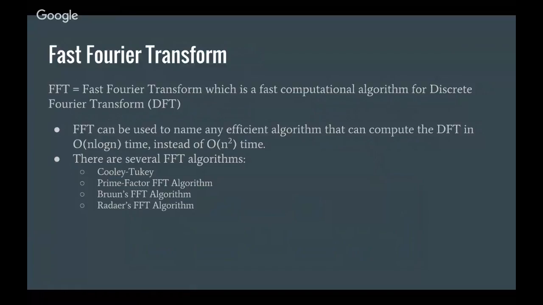FFT can be used to name any efficient algorithm that can compute DFT in big O of n log n time instead of big O of n squared time. As Hector mentioned at the beginning of the presentation, usually when we're multiplying these polynomials, that is done in big O of n squared time. But any FFT algorithm is able to compute this in big O of n log n time.